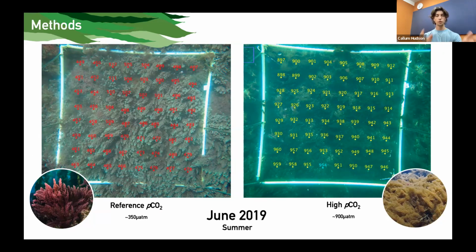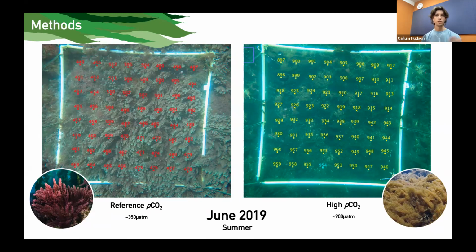So for each community, for example these photos on the left and right, we'd get 64 data points of different functional groups, which would form a single community at a different time period and at a different CO2 location. We also assigned scores, 0 to 5, to each of the different functional groups used in this study, based on the relative amount of habitat structure that they provide, so that we could estimate the structural complexity of these different communities.